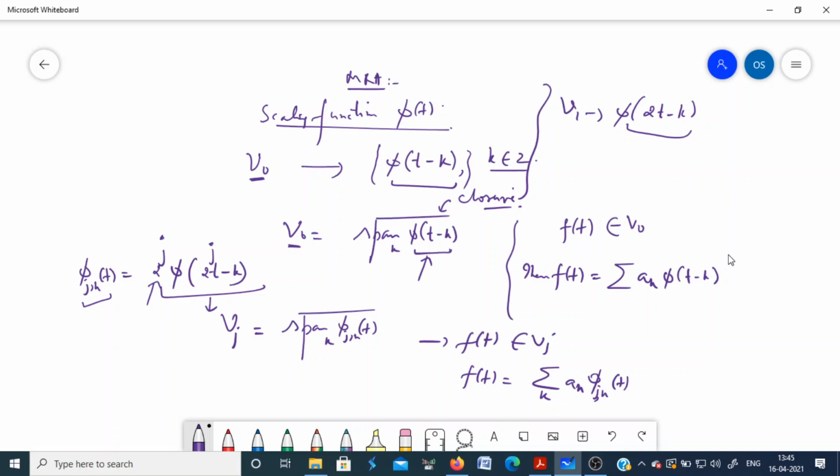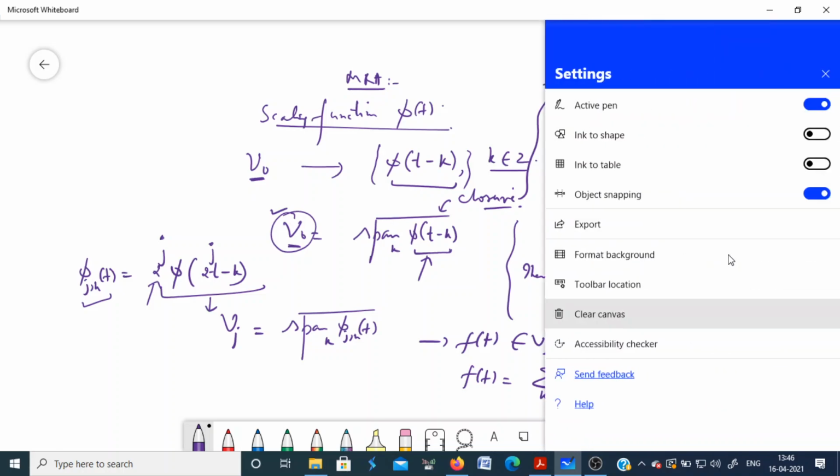So the space v1 will also contain the space that is spanned by v naught. Using v1, you can now generate a space which is basically a superset of v naught, right?